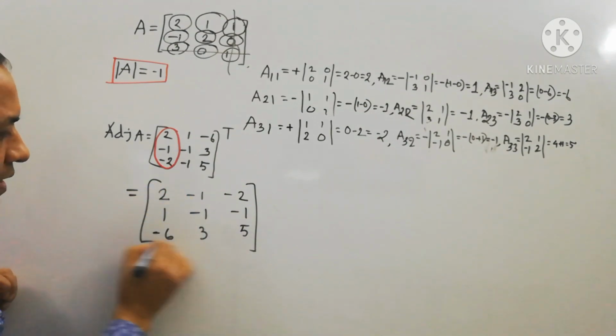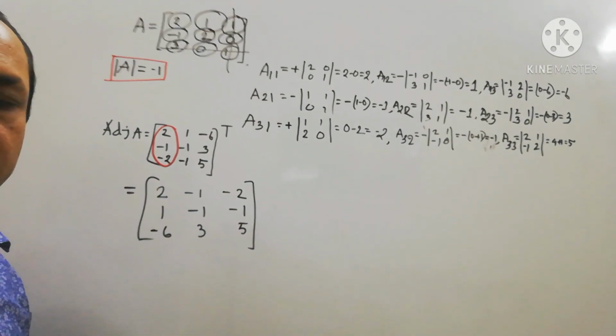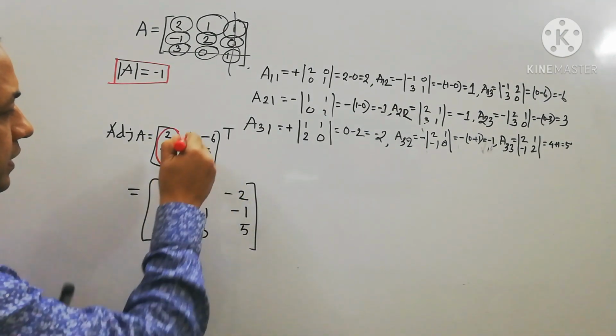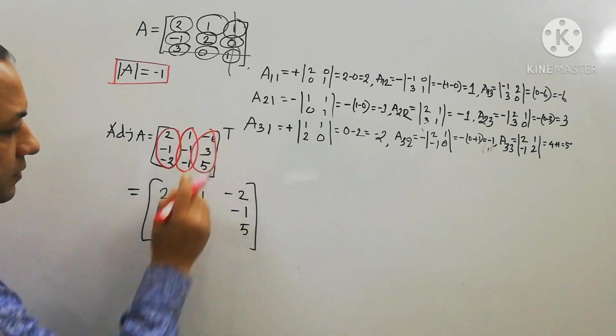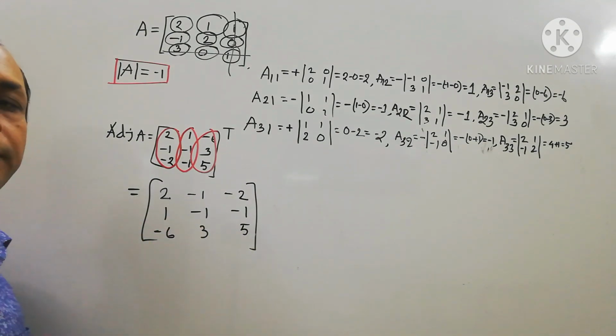So this is the adjoint matrix. The first column converts to the first row, the second column converts to the second row and the third column converts to the third row. This is the adjoint matrix.